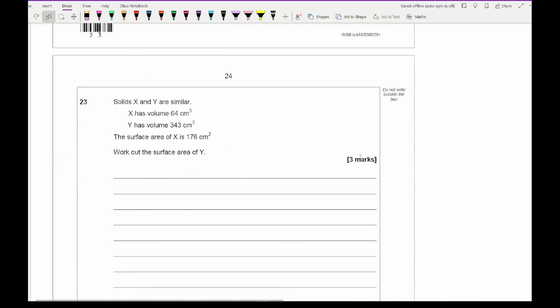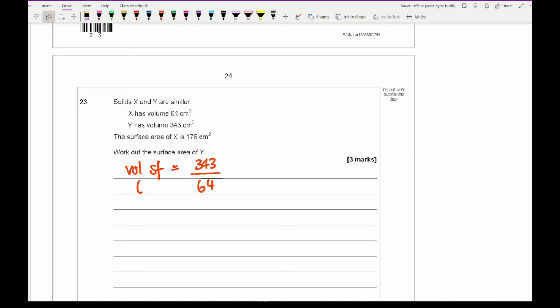Then looking at question 23, it says solids x and y are similar, and it says x has a volume of 64, y has a volume of 343. The surface area of x is 176. Work out the surface area of y. So looking at this, we've got that the volume scale factor is going to be 343 over 64.